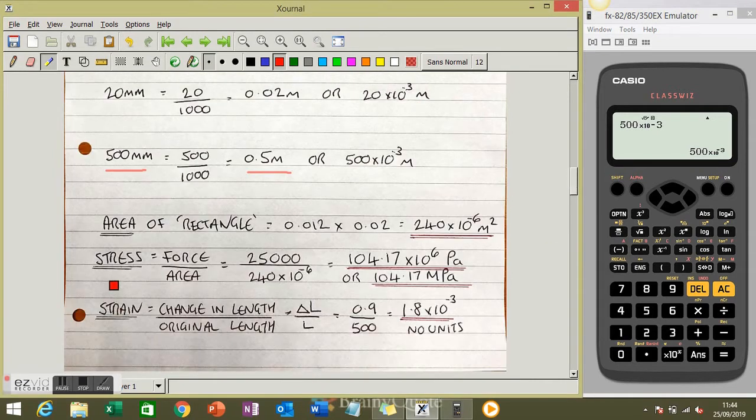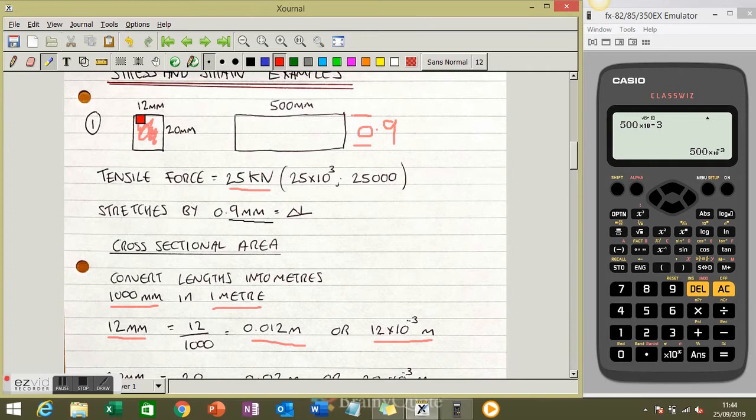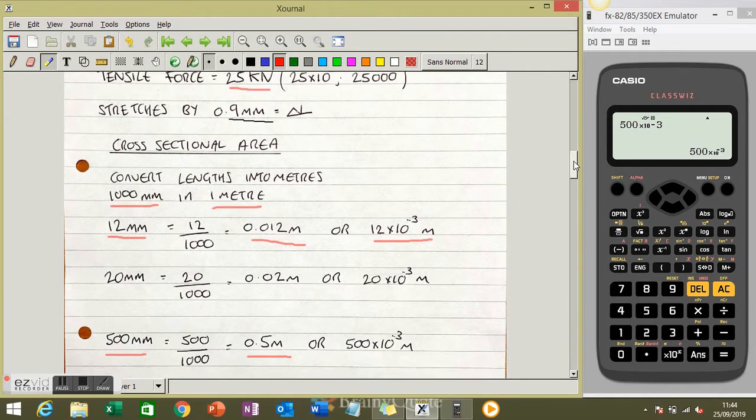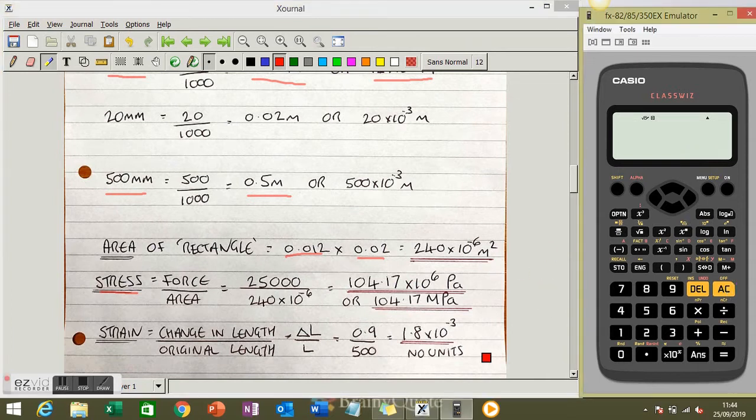Then, because we need to work out the stress, and we know the stress is force over area. So the area of that rectangle, 12 by 20. Don't do 12 by 20, make sure you do 0.012 by 0.02. That'll give you the area in meters squared.